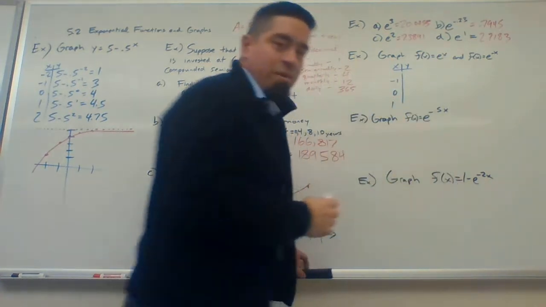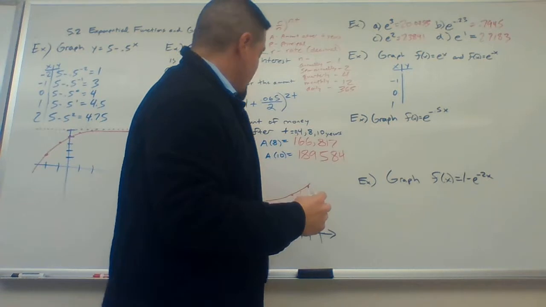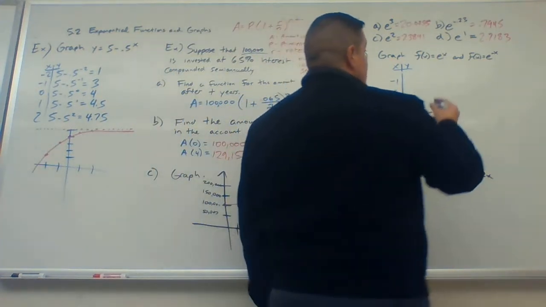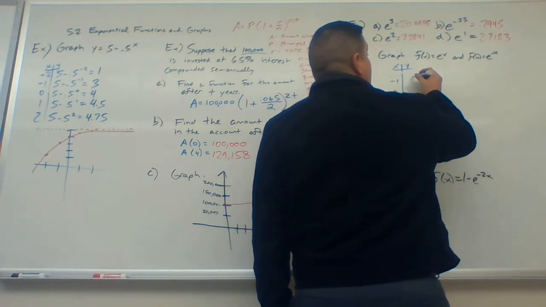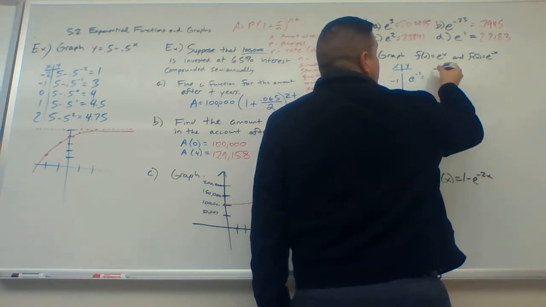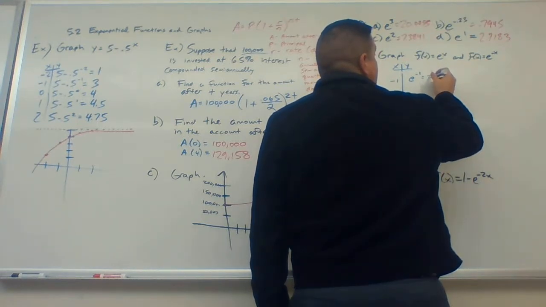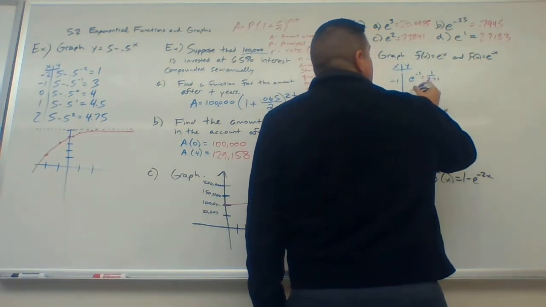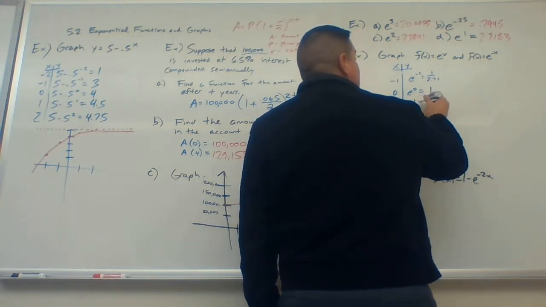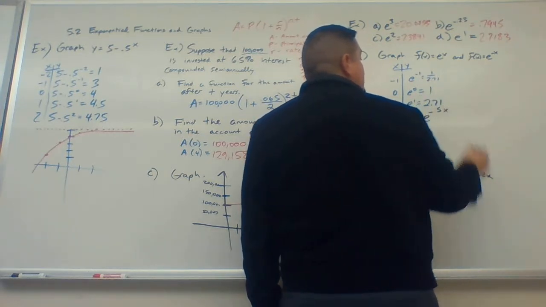Okay, I think 3 points will be enough. We kind of see the general shape of these exponentials. So we're going to do e to the negative 1, which is 1 over 2.71, or about 0.37, e to the 0, which we know is 1, and then e to the 1, which we know or can estimate is 2.71.